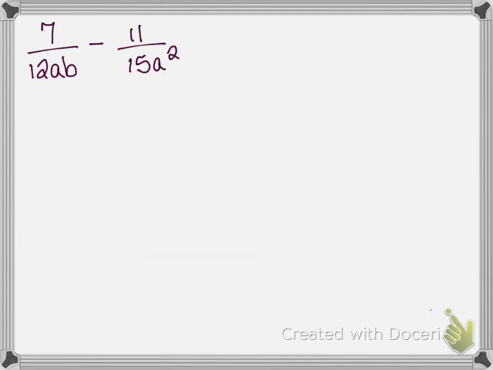So we've got a couple of different things going on here. We have 12 that can be broken down to primes. We have 15 that can be broken down. And we also have a subtraction sign. I move that subtraction sign to the numerator as early as I can.